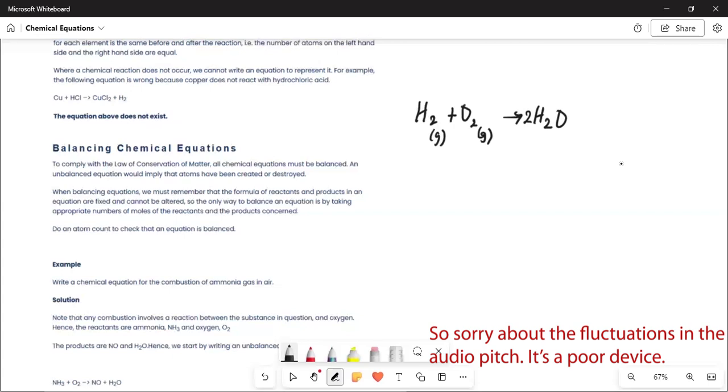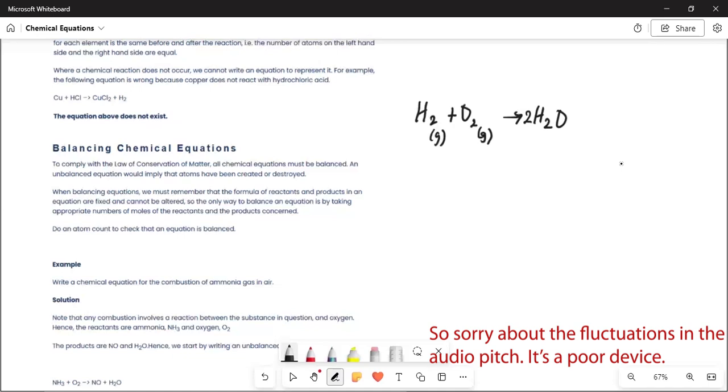That 2 affects both hydrogen and oxygen, which means now we have a total of 4 hydrogen on the right-hand side, but we have 2 on the left-hand side. Oxygen, however, is balanced, because there are now 2 oxygen on the right-hand side and also 2 oxygen on the left-hand side.